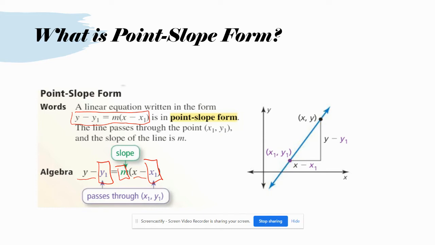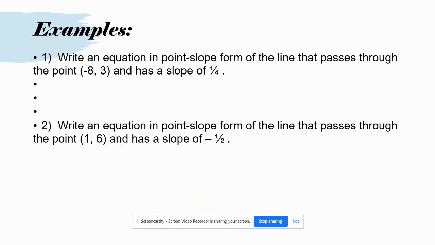So for this form, we have x1, y1, and m. Y minus 3 is equal to 1/4 x minus x1 is negative 8.